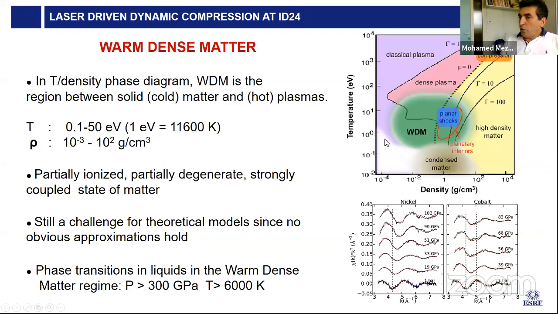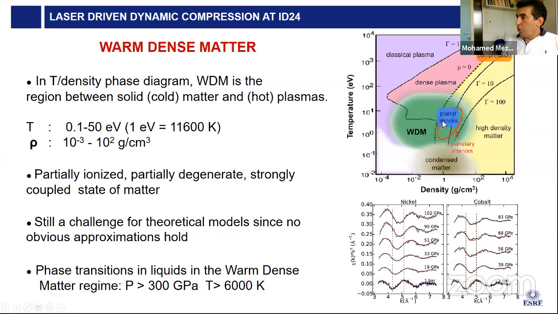And in this condition, the materials are partially ionized, partially degenerate. It's a strongly coupled state of matter. And because the interactions are not well characterized, it is still a challenge for theoretical models, because there's no obvious approximation that holds. In this case, any data collected in this regime will be very precious.